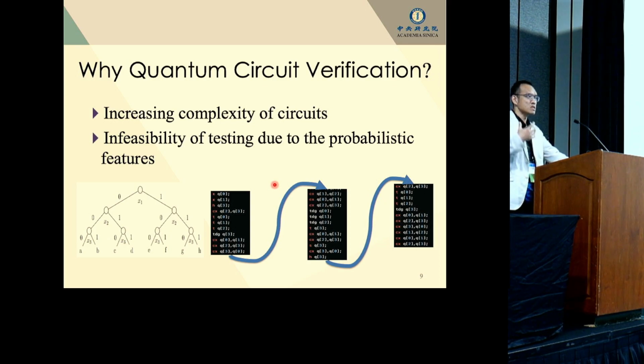Because when you run a circuit on a quantum computer, at the end you get a classical value, depending on the distribution of your final quantum state. It can happen that, with the same quantum state, the first time you observe it you get 0, 1, 1, and the second time you get 1, 0, 0, according to this distribution. So testing is not so feasible. We need a better way, and this talk is an effort in this direction.